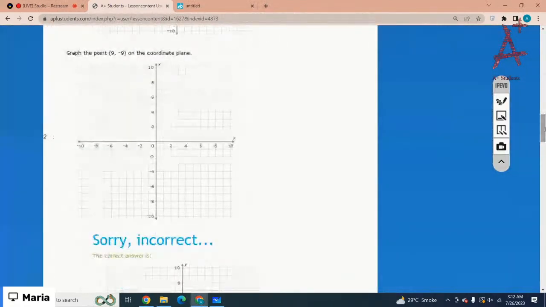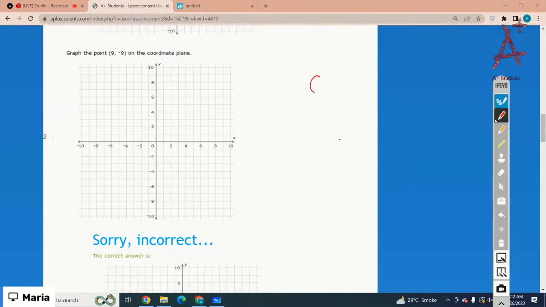The other example is graph the point 9 and -9. So again, you have a point 9 and -9. That is the x coordinate and that is the y coordinate. Again, y is negative. That means the point is below this line. Got it? Because y is negative. So here you have -8. That means this is the point -9. This is -9.